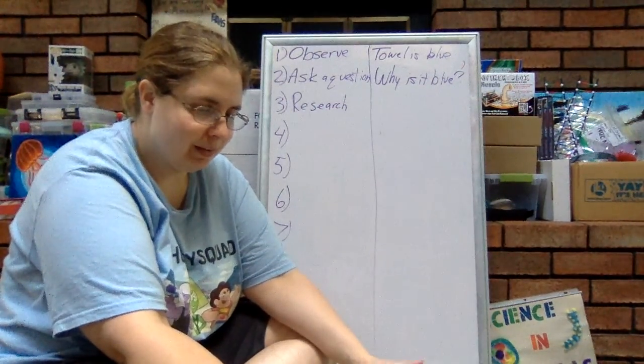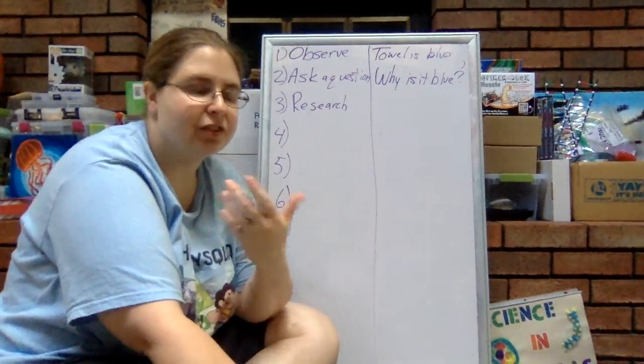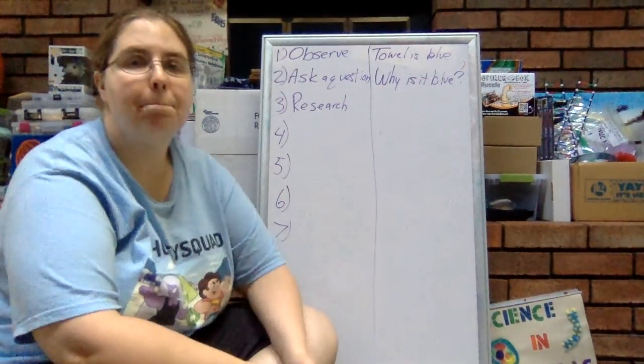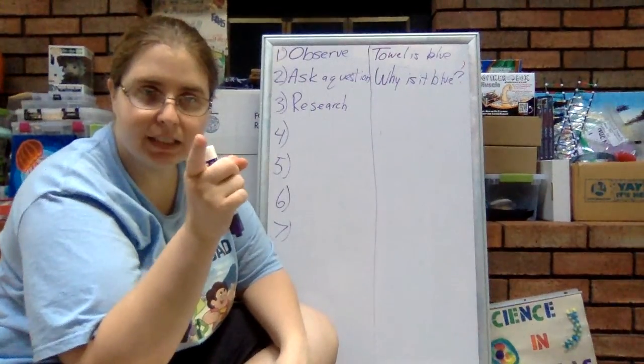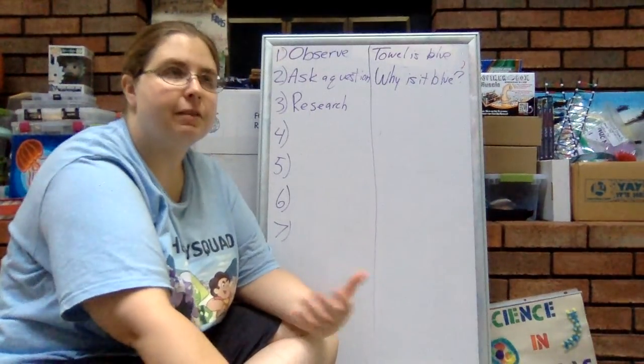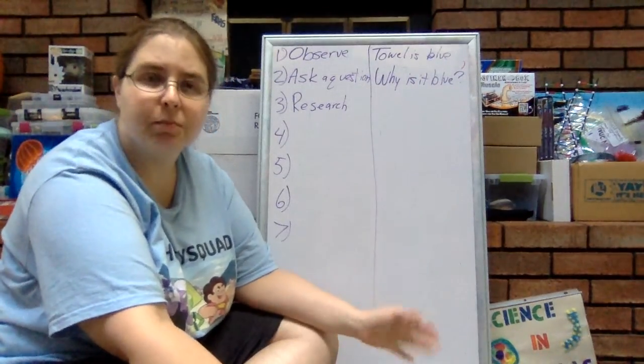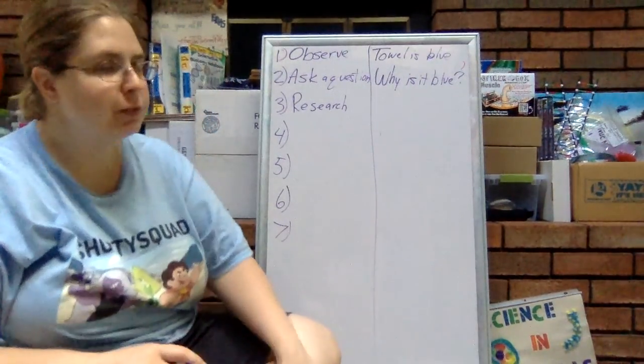We don't necessarily give the answer in the notes and lessons, but we might talk about the information that can help kids form a better hypothesis, which is step 4. And we'll get to that in a moment. But first, we have to do some research.